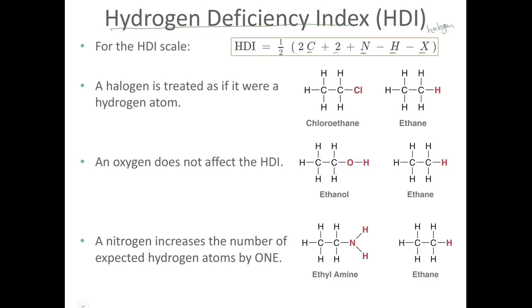From the formula, you can notice that we treat a halogen as if it was a hydrogen atom, while we do not use oxygen in the formula because oxygen does not affect the number of hydrogen atoms. When an atom of nitrogen is present, it increases the number of hydrogen atoms by 1. Okay?